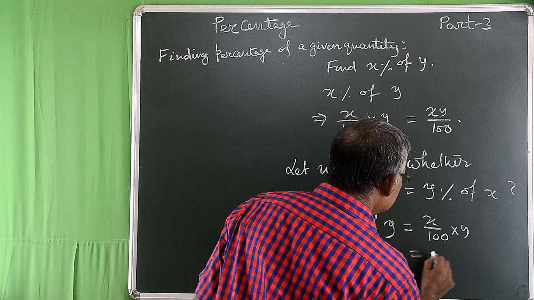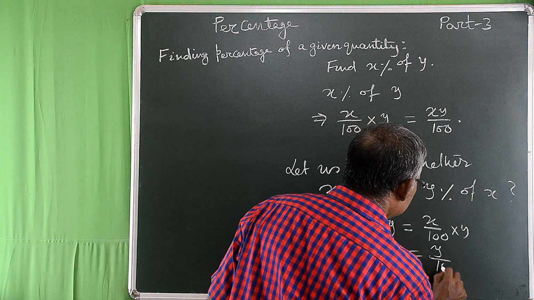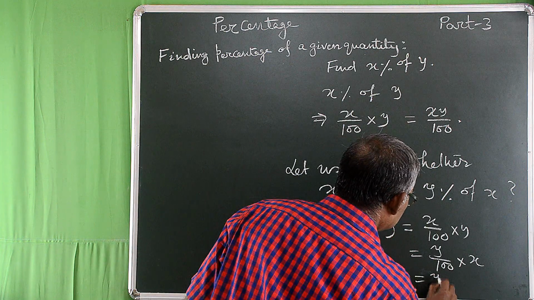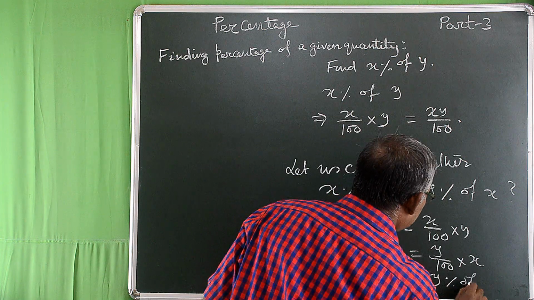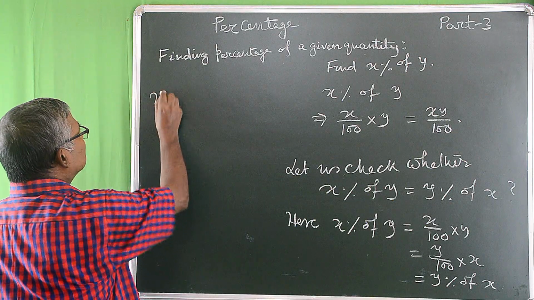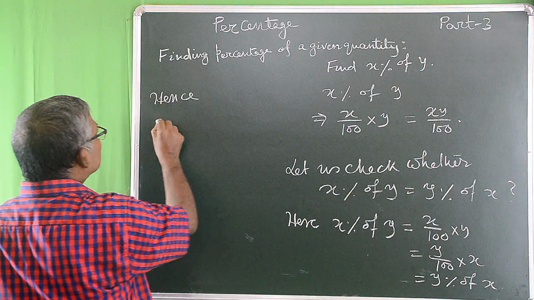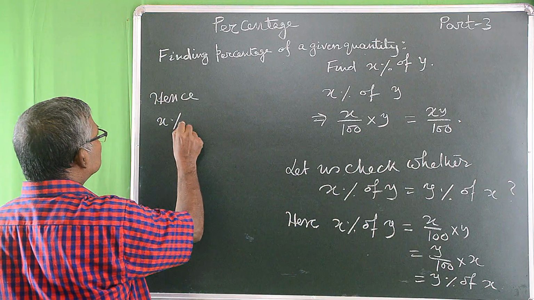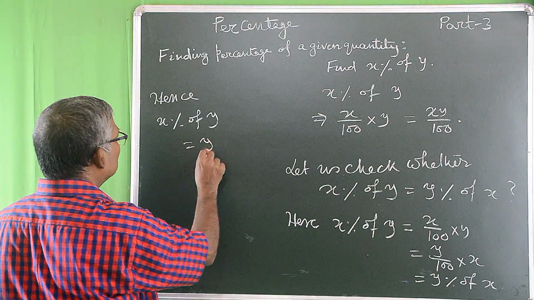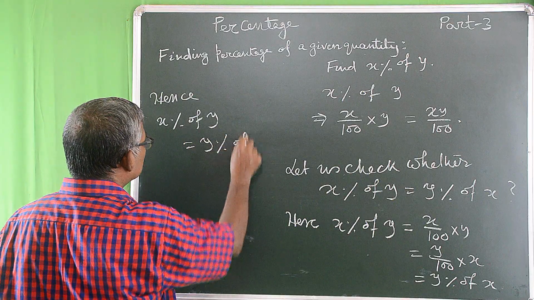This can be written as y by 100 into x, that is y% of x. So we can say x% of y equals y% of x.